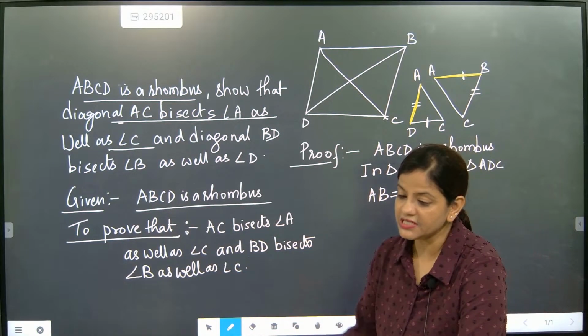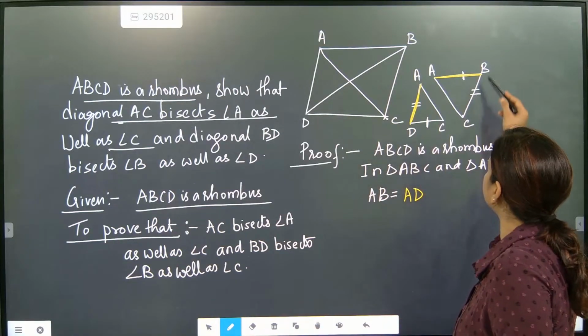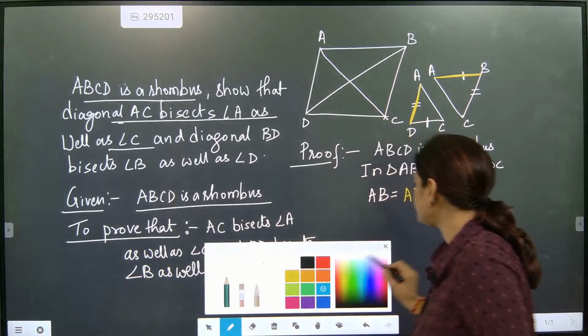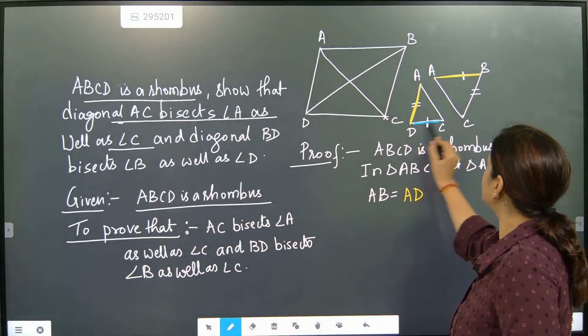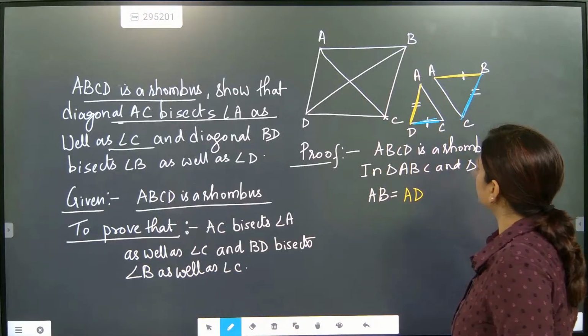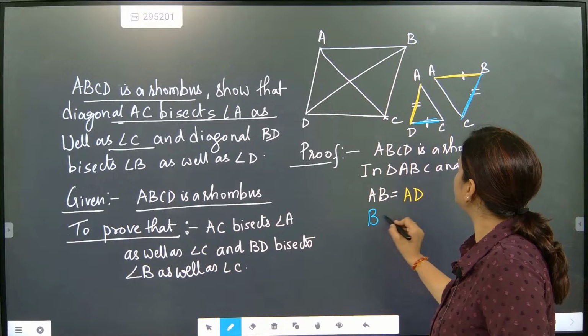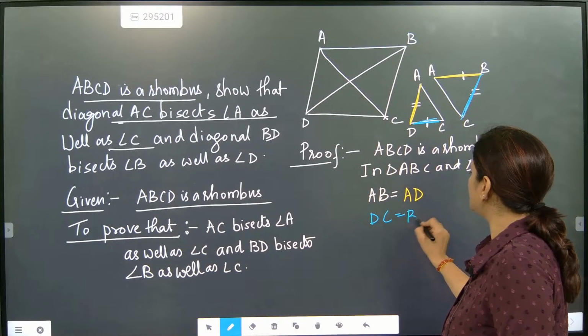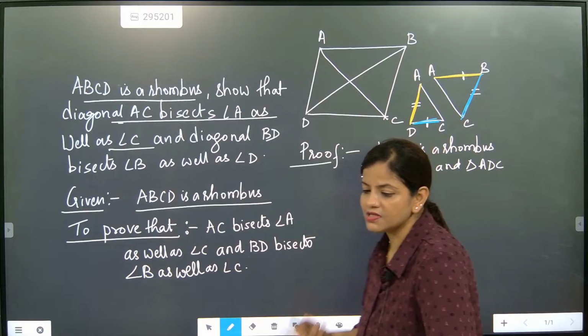Next part is BC is equal to CD. Because in a rhombus all sides are equal.